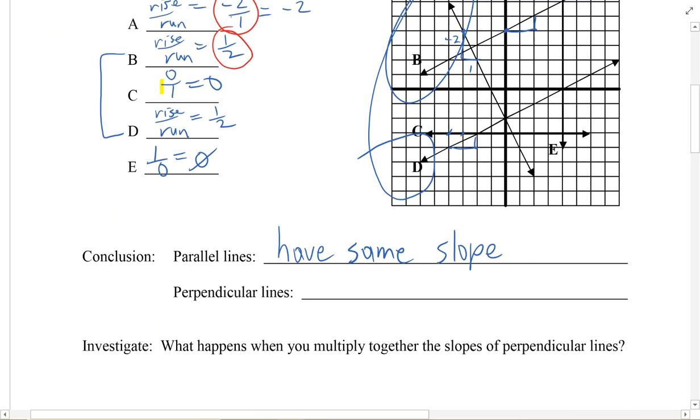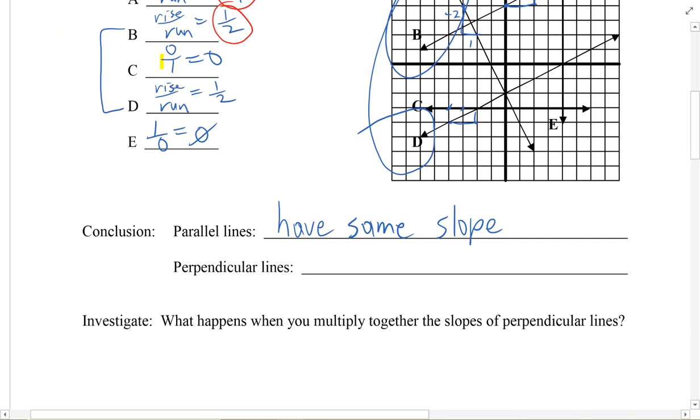So the special math term for flipped and negative is called the negative reciprocal. Remember reciprocal? You've seen that word before when you've done division of fractions. So perpendicular lines have negative reciprocal slopes. Flipped fraction.